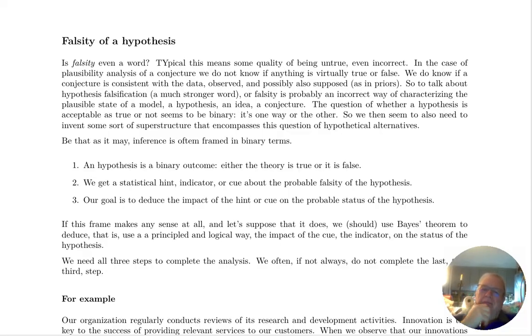We got to talk about something here. We're going to frame hypotheses in a binary sense, mutually exclusive, completely exhaustive. We're going to look at all the possible hypotheses. If we have one hypothesis, we have to look at least at its opposite. So that's where we start.